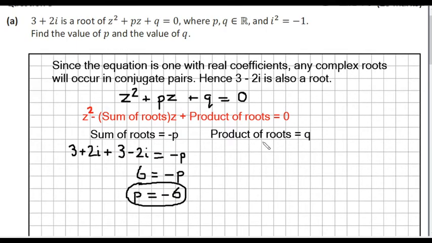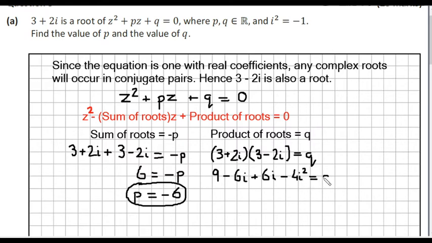Now we're going to use the product of the roots, the fact that the product of the roots is equal to q here, to get q. So again, the product means when you multiply them. So when I multiply my two roots together, I know that has to equal q. So 3 plus 2i multiplied by 3 minus 2i, that has to equal q. So multiplying this out then, 3 by 3 is 9, 3 by minus 2i is minus 6i, 2i by 3 is 6i, and 2i by minus 2i is minus 4i squared.